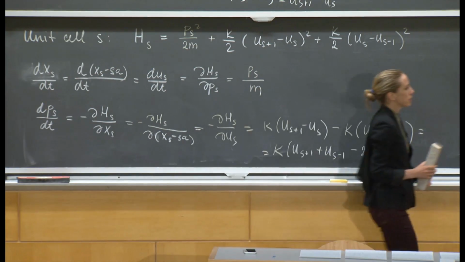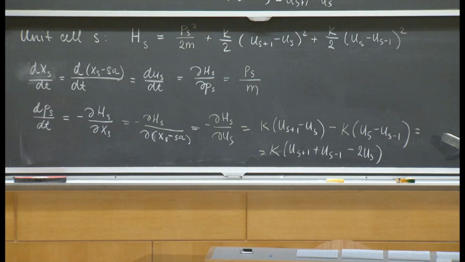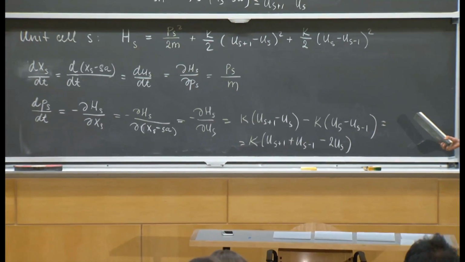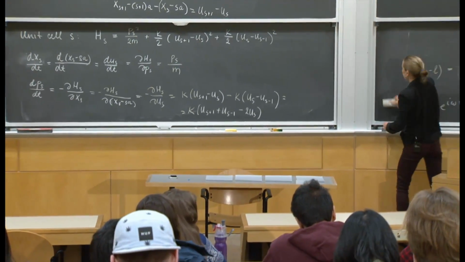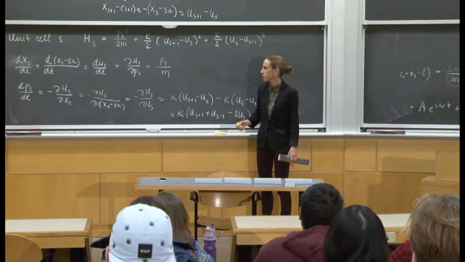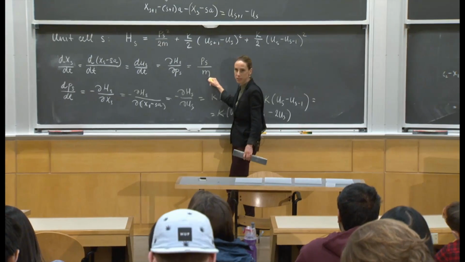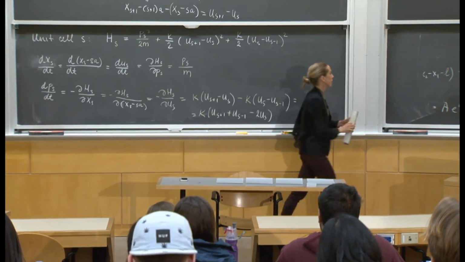Okay, so is this okay? Are we on board with whether these derivatives actually work? Okay. So the next thing, what we always do when it comes to Hamilton's equations, we are going to take a second derivative of this equation and then substitute this in there.